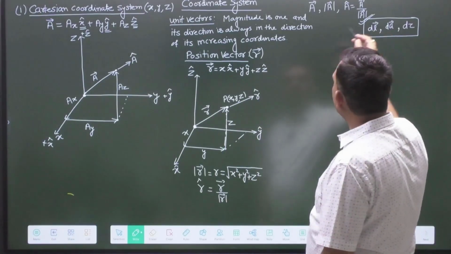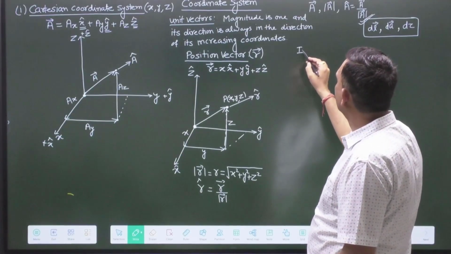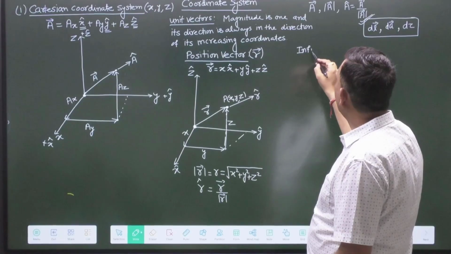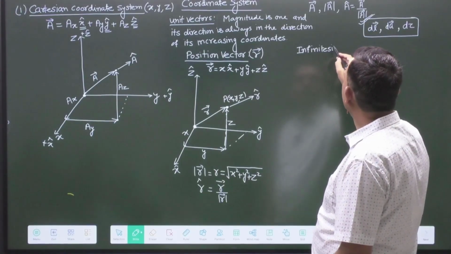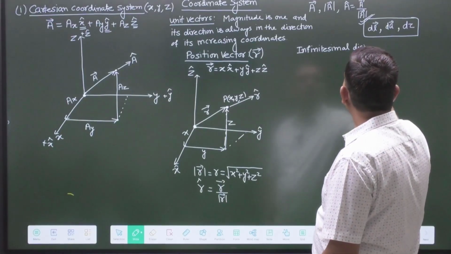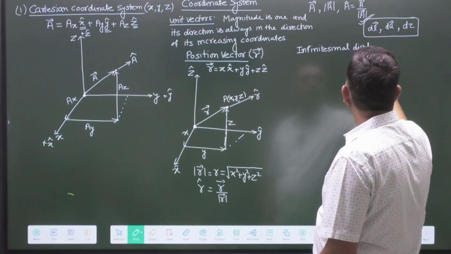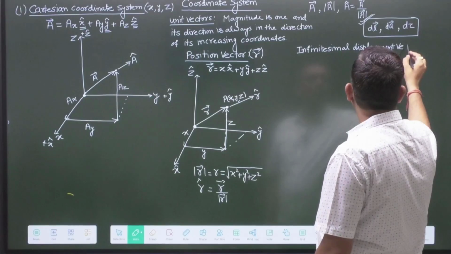Now we have to see what the dl vector is. This is called the infinitesimal displacement vector.